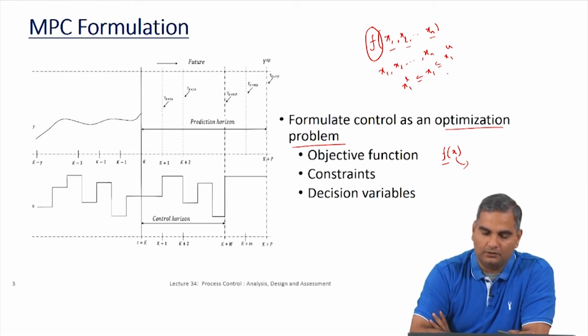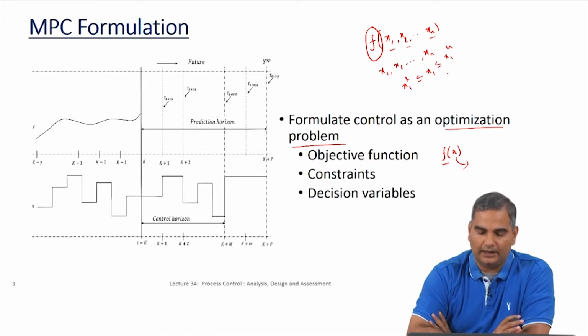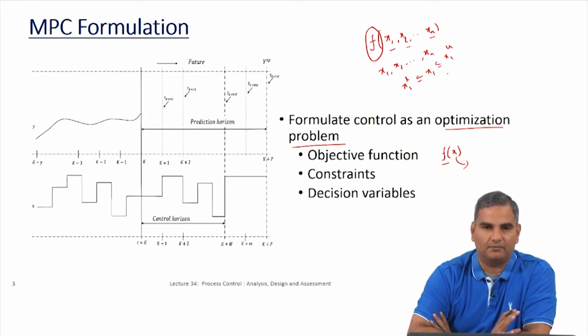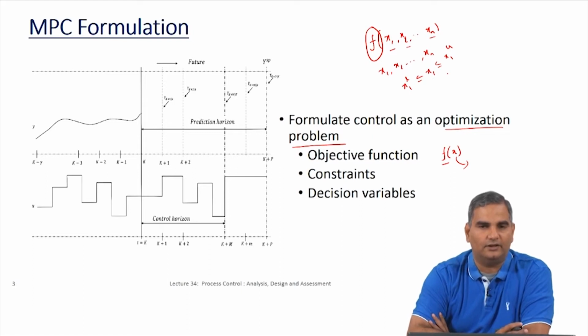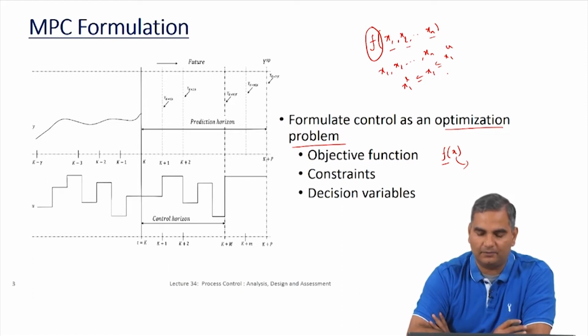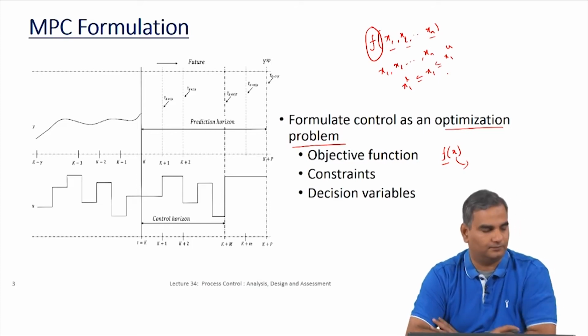The summary is that an optimization problem has three components. You have to define an objective function, constraints, and the decision variables. When you define the objective function, the decision variables are also defined, because you write the objective function in terms of these decision variables themselves.